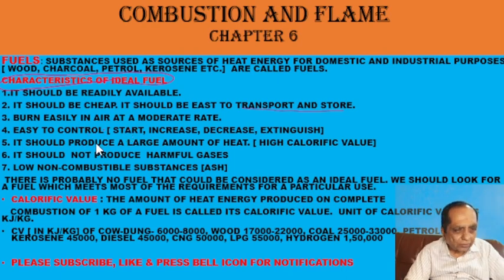It should produce a large amount of heat. Producing a large amount of heat is called high calorific value. I will explain to you now what calorific value is. It should not produce harmful gases. Like I told you, carbon monoxide, then other harmful gases that are normally produced are sulfur dioxide, nitrogen oxide. So it should not produce those gases. Even ash, after burning, like coal and wood, some amount of unburnt substances remain, they are called ash.